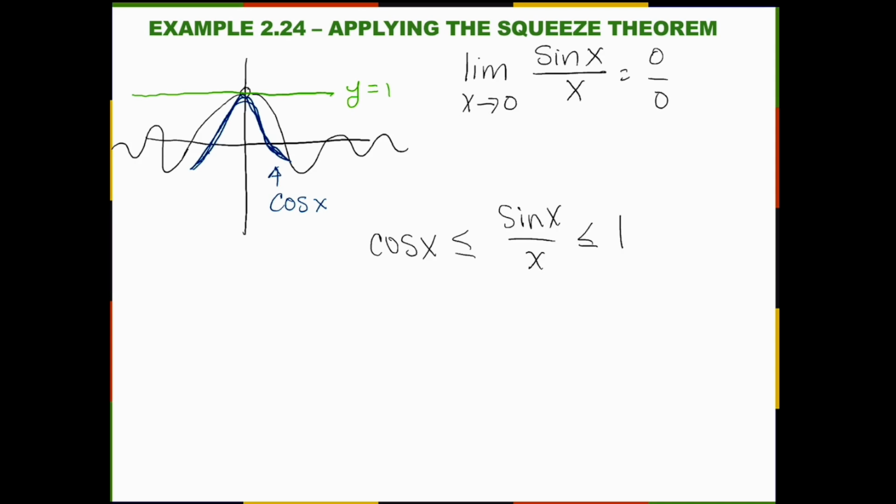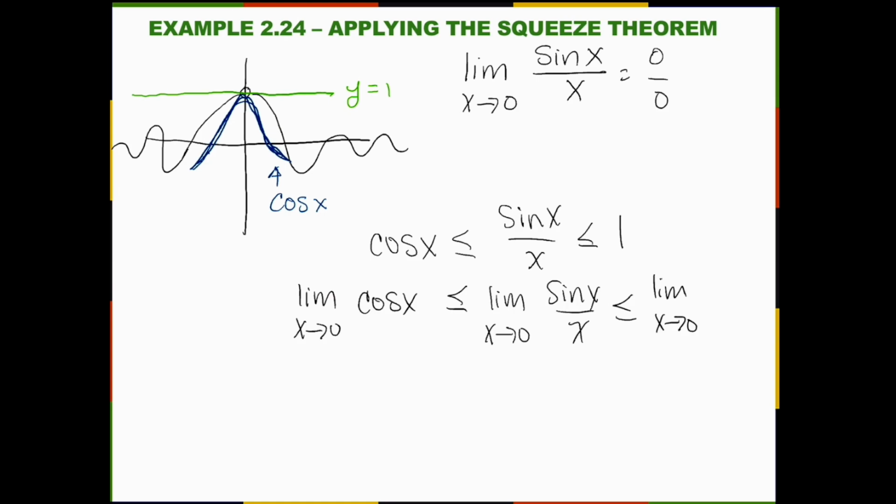Now, if I take the limit of each part of this compound inequality, I would have the limit as x approaches 0 of cosine x is less than or equal to the limit as x approaches 0 of sine x over x, which is less than or equal to the limit as x approaches 0 of the constant function 1.